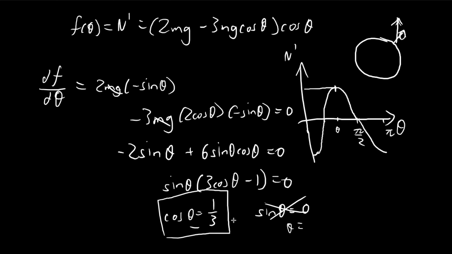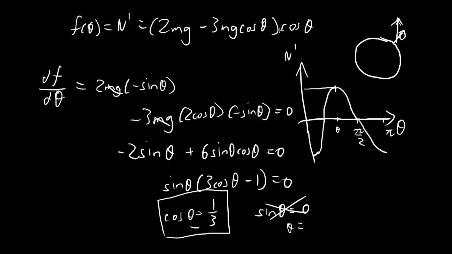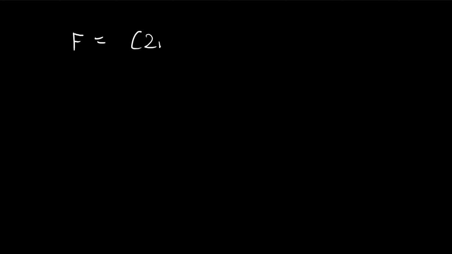So now that we know that this is a condition where the upward force will be maximized, let's find the maximum possible upward force. That's just substituting cosine theta equal to 1/3 into this expression over here. So we get minus 3mg, so 1/3. And there's another cosine theta, so it's 1/3.